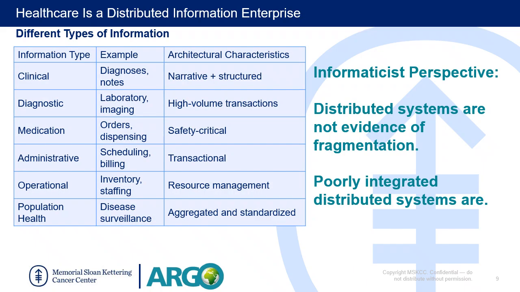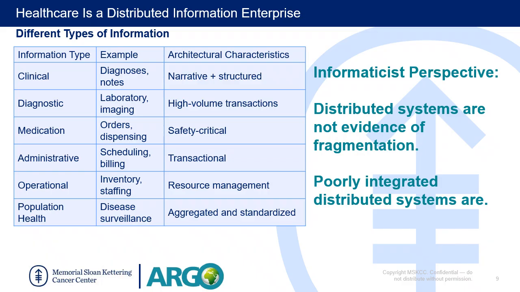So rather than forcing a single application to manage every function, from clinical to diagnostic to referrals to e-prescriptions and all of that, healthcare organizations should adopt a distributed architecture, right?